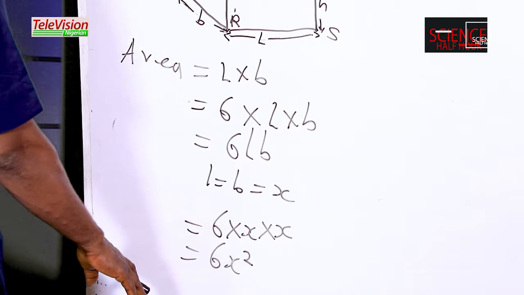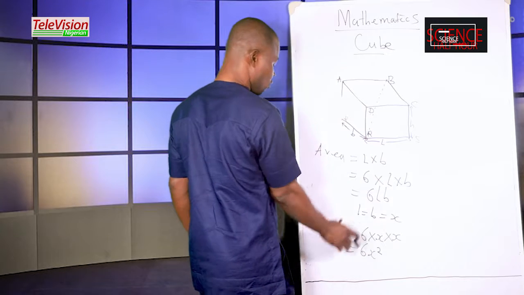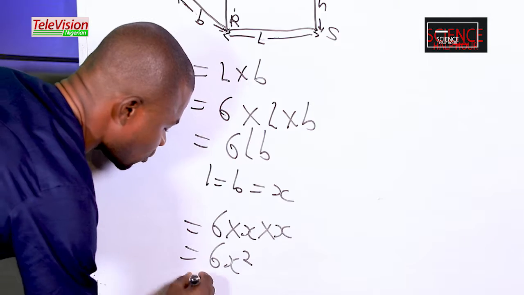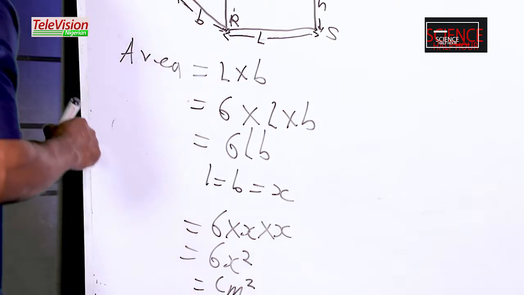So the unit of the area of the cube is cm squared, centimeter squared.